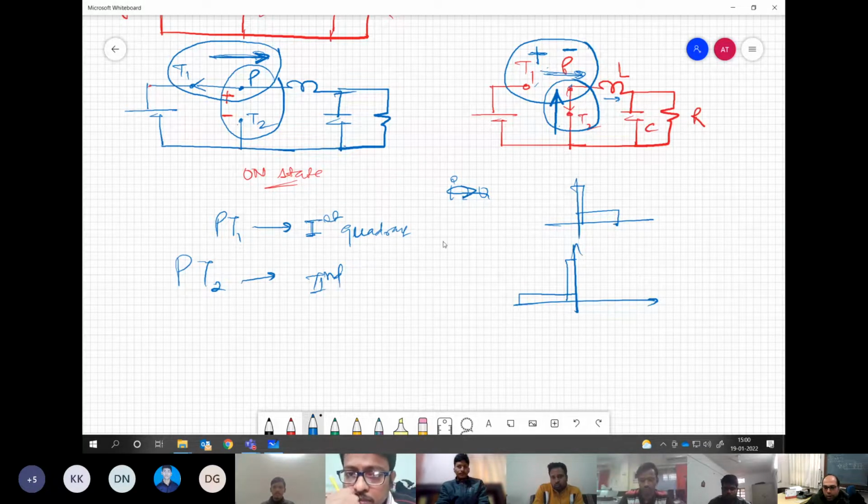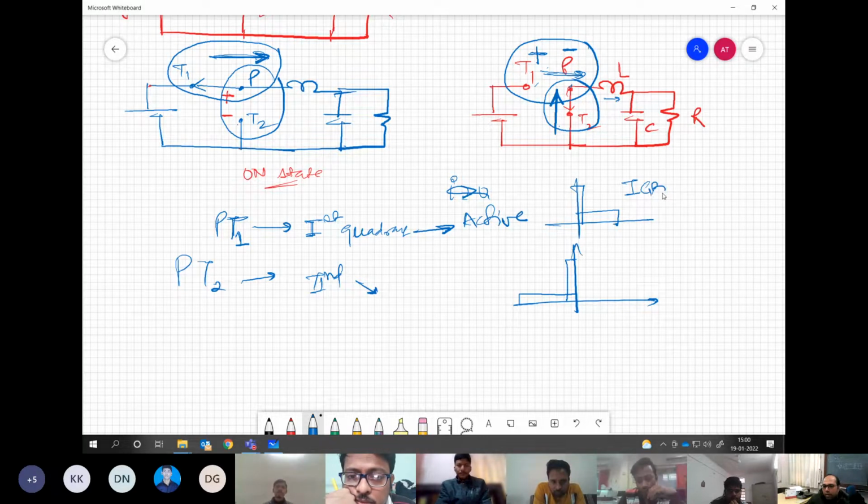Correct? Now you tell me, what is the choice for this PT1 and PT2? What should be there in place of PT1? Sir, at PT1, BJT or MOSFET can be there. Yes, any active switch can be there, whatever we have discussed so far. So we can have IGBT, or we can have BJT, or we can have MOSFET.